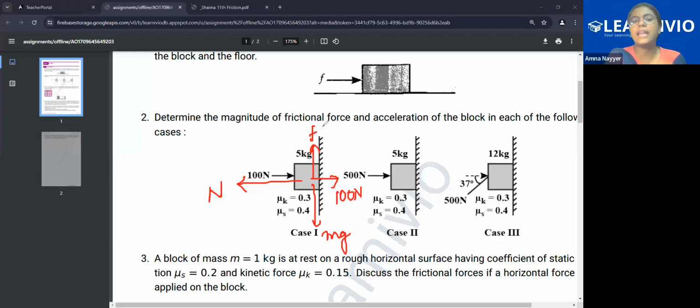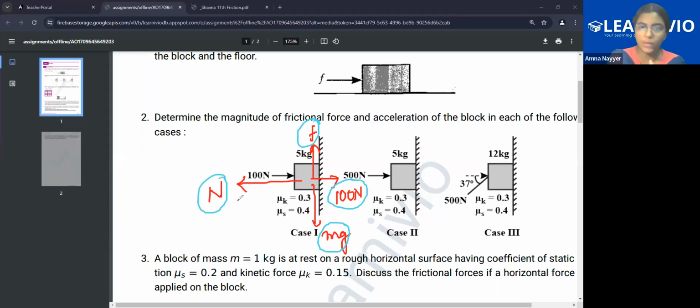Now, your frictional force is balancing mg, and your normal reaction is balancing the 100 Newton of force. So these are the four forces we have in both directions: frictional force, mg, 100 Newton and normal reaction.